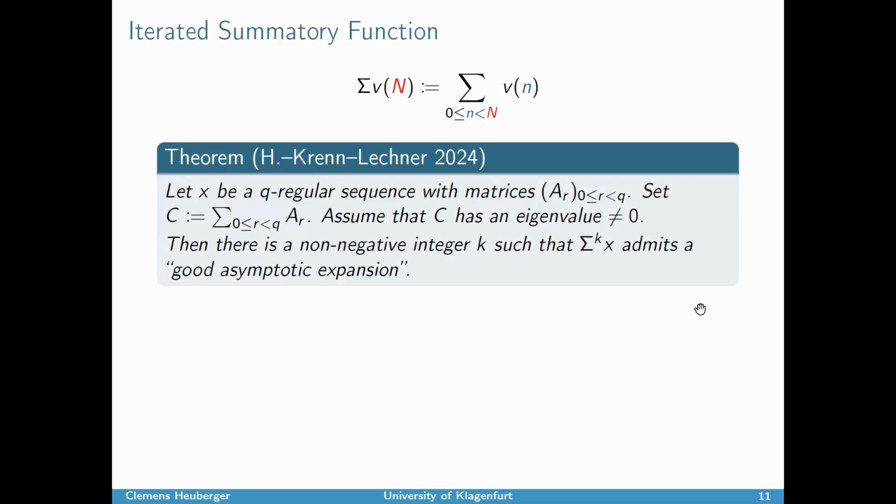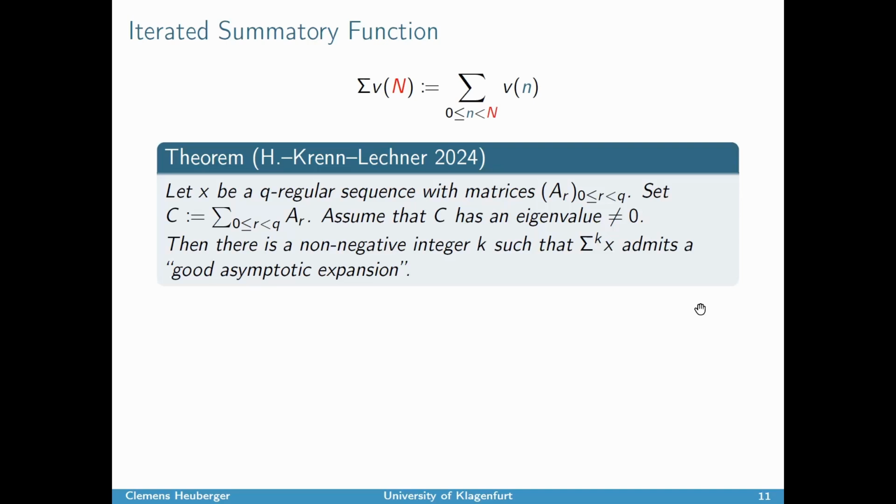Here the result basically is, so sigma of v will be my notation for taking the summatory function. And the result is that if this sum doesn't have an eigenvalue, I assume that C has an eigenvalue which is non-zero. So the only C's which are not covered are those C's where 0 is the only eigenvalue. Okay, I assume there's a non-zero eigenvalue.